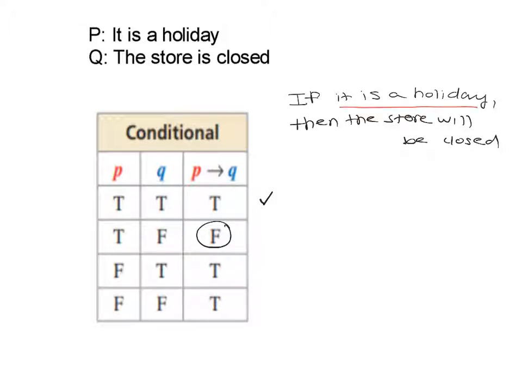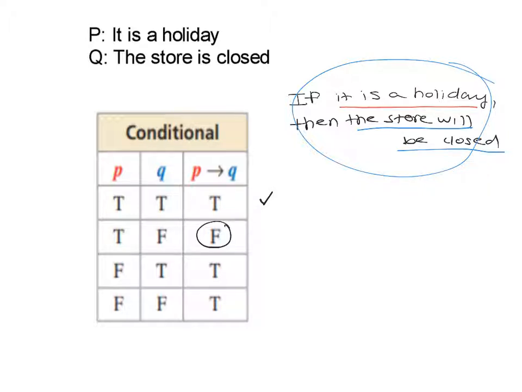This is my hypothesis. This is my conclusion. So when that conclusion is false, but the hypothesis is true, the statement itself is a lie. False. Okay, the third one is the most difficult to kind of comprehend.